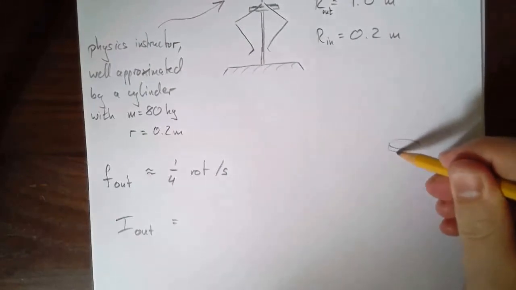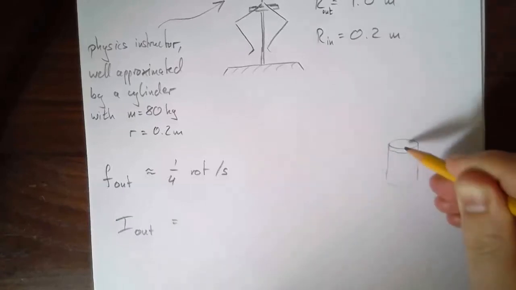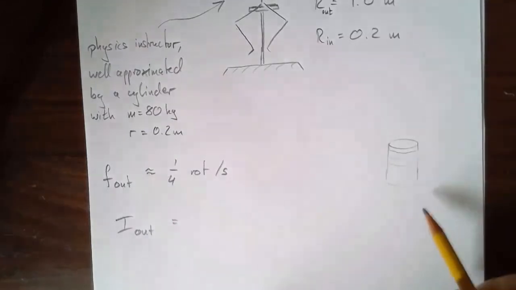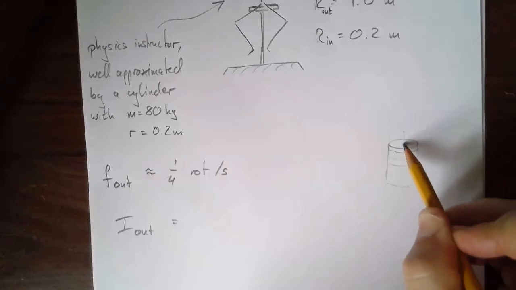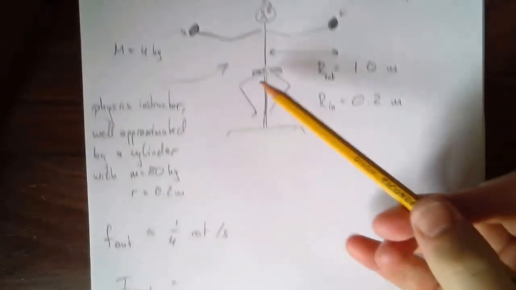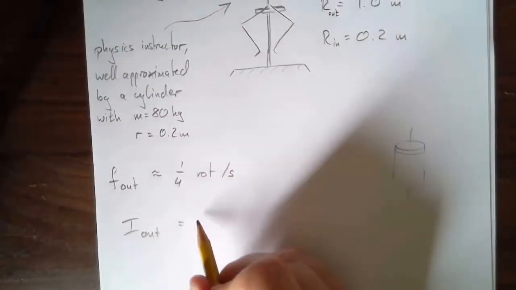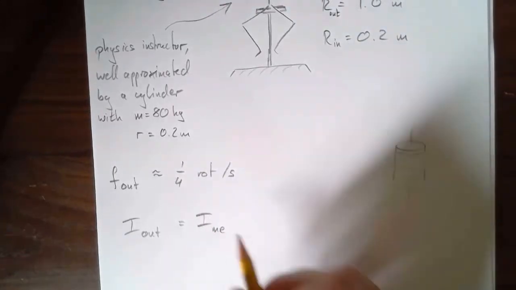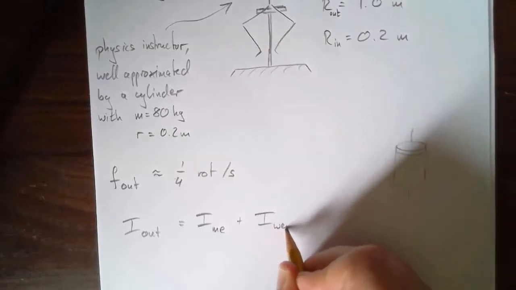Well, this is a disc right here, but a cylinder is nothing but either a lot of discs stuck on top of each other, or maybe a really thick disc. In terms of moment of inertia, it doesn't make a difference as long as the axis goes like this. That's exactly the model I'm using for my own person. Alright, so I've got I of me, plus I of the weights.